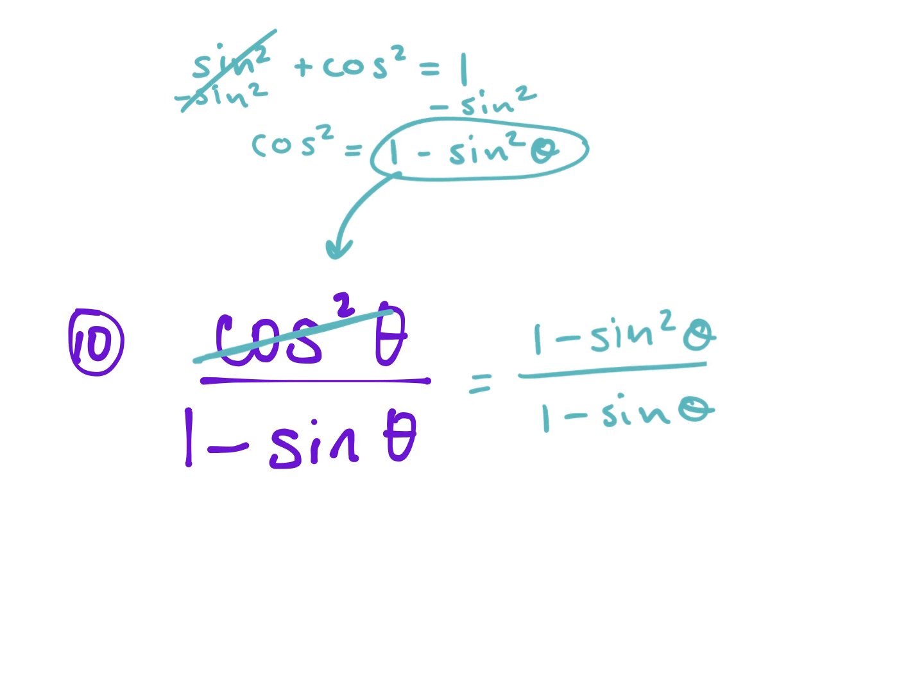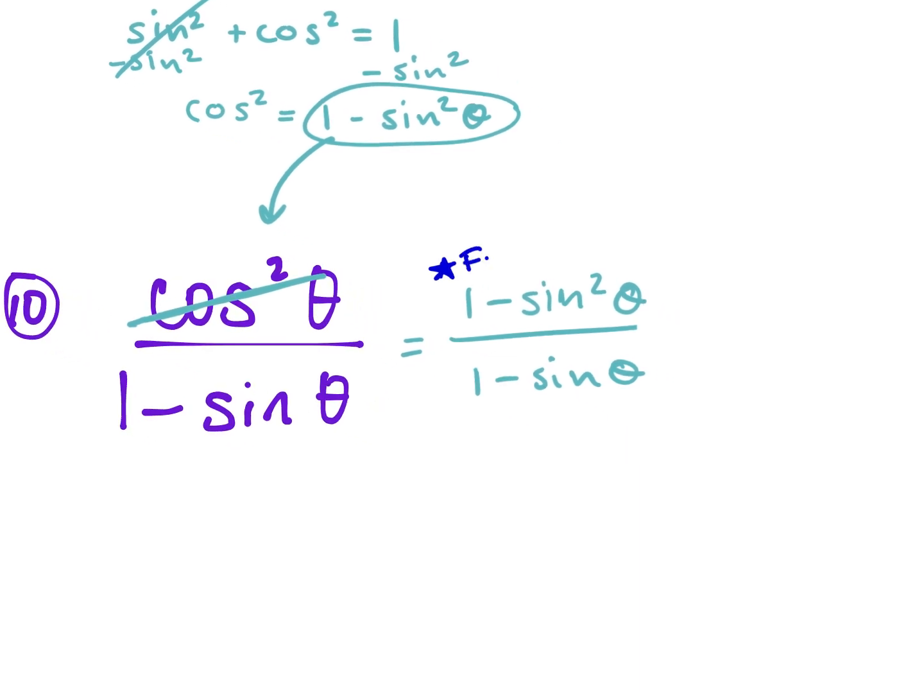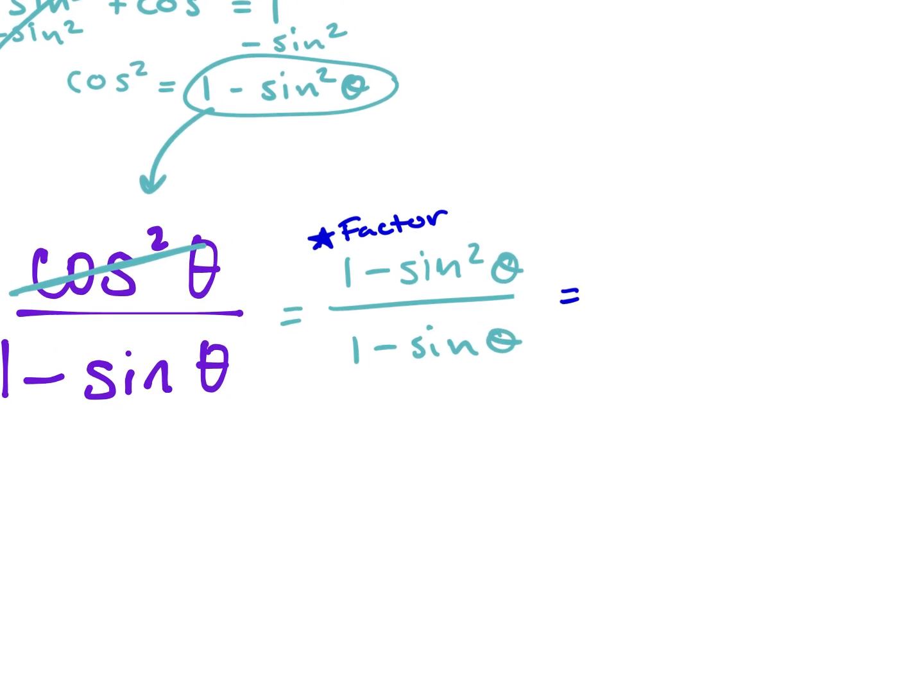Any suggestions on what we could do here? One minus sine squared. Could I factor that? Remember we had one like this in the notes. Can this be factored? What does it factor into? It's the difference of squares.